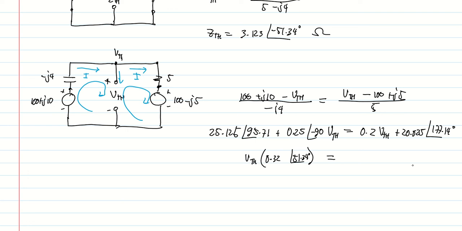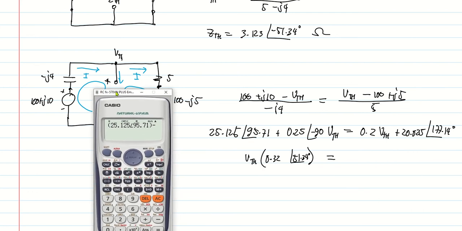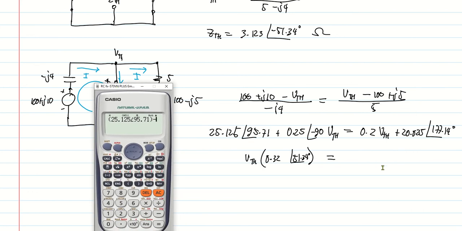And to the right side, we can move this one, 20.025, and we retain this. So this will be 25.125 angle 95.71. Then we subtract our angle here, this is 20.025 angle 177.14.